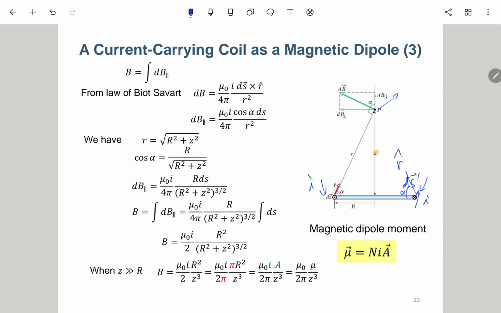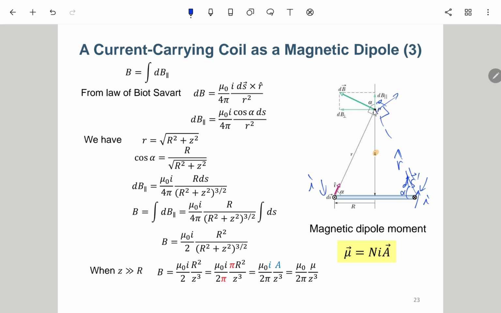So this is alpha, this is alpha, this is perpendicular, so this is also alpha. In such a way, for this one and this one, the perpendicular components cancel. We only count the dB parallel. So dB parallel is mu naught I over 4 pi, and then cosine of alpha.